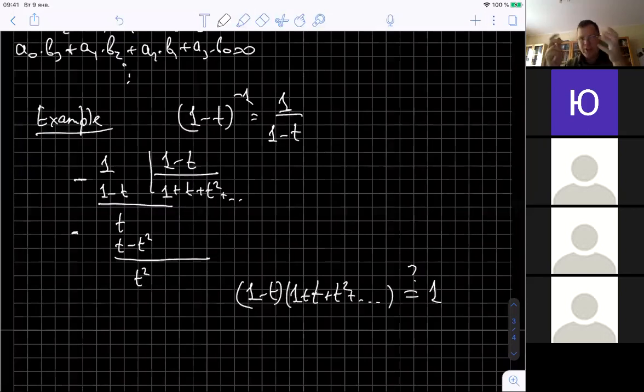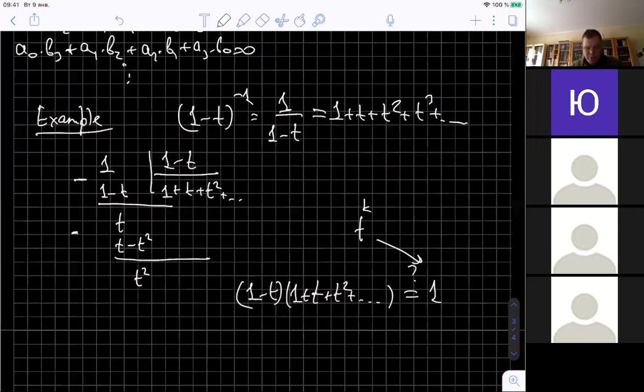If you expand the brackets and calculate the coefficient before the k-th power, you will see that we have exactly 1 and minus 1, and they cancel, except for the zeroth power when k is equal to 0. So the inverse is 1 plus t plus t squared, and so on.